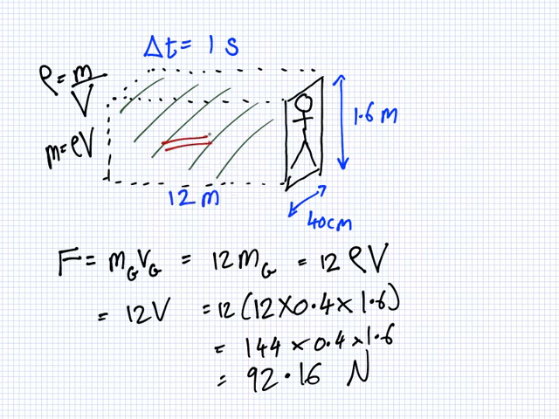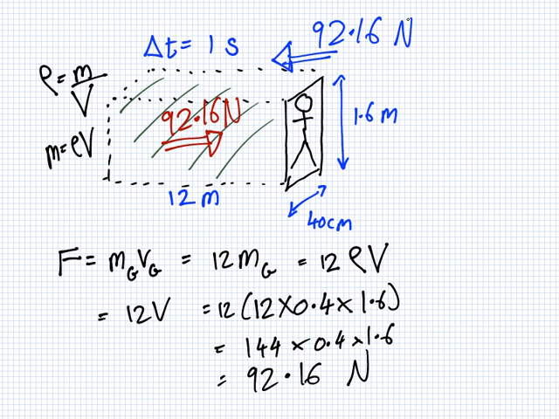So there's a force here of 92.16 newtons, which means the student, so that they don't fall down, must also be applying a force of 92.16 newtons. And if they want to start moving, like start running, then the force must be greater than 92.16.